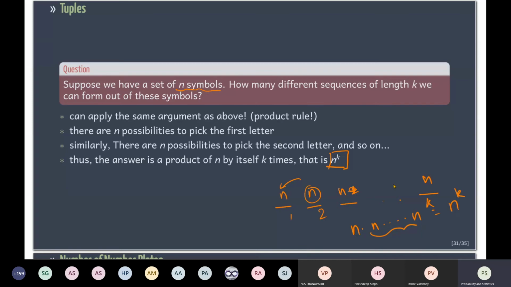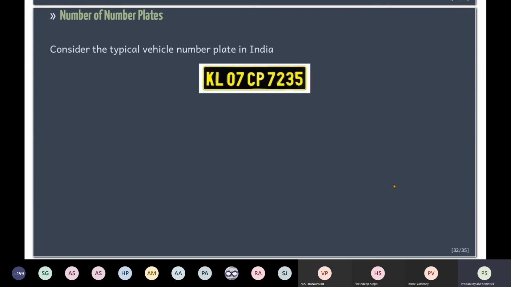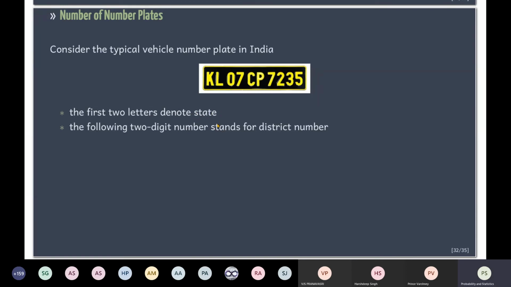Let us move on. We can apply this to a practical problem, let us say the number of number plates. Consider a number plate format in India, which could be like this. The first part denotes the state, then the following two-digit number stands for the district number, and then the following two letters are the RTO series, the code for the transport office.